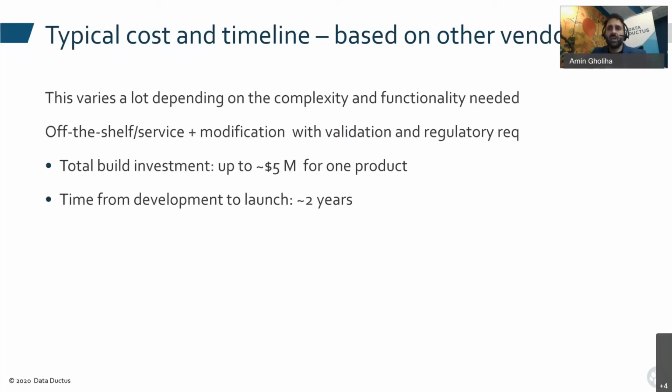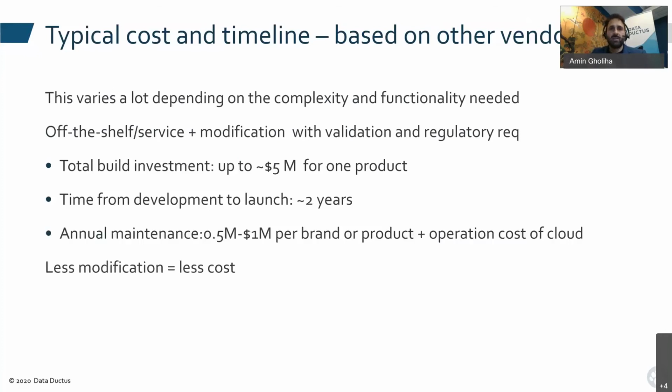It depends really on how you do it, of course, but I just want to give you some dimensions of the costs for this. And annual maintenance to keep the system up is around $500,000 to $1 million per brand or product. And of course, less modification means less cost.